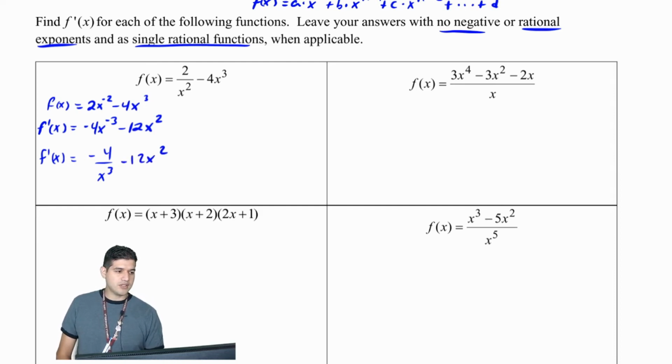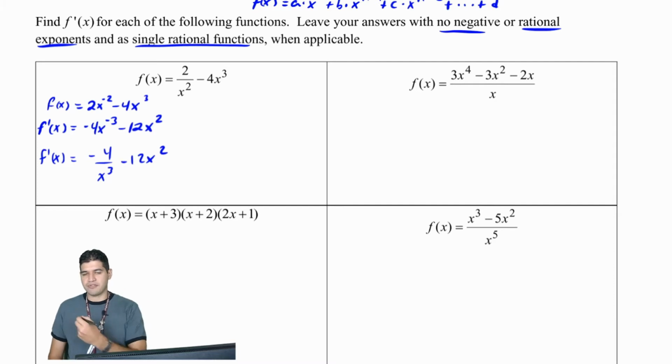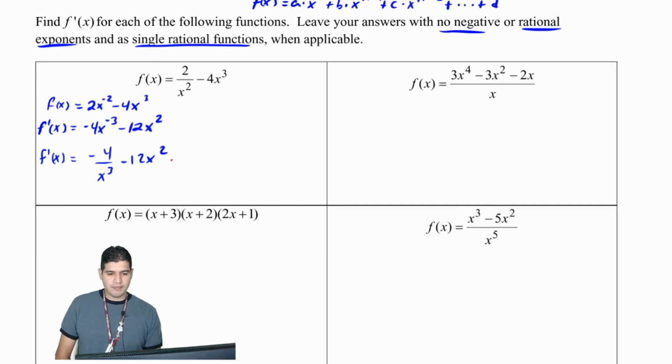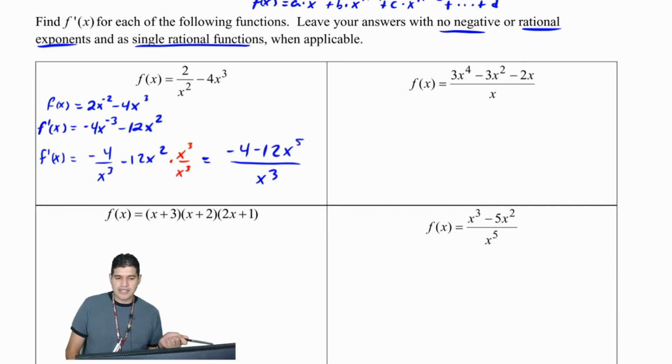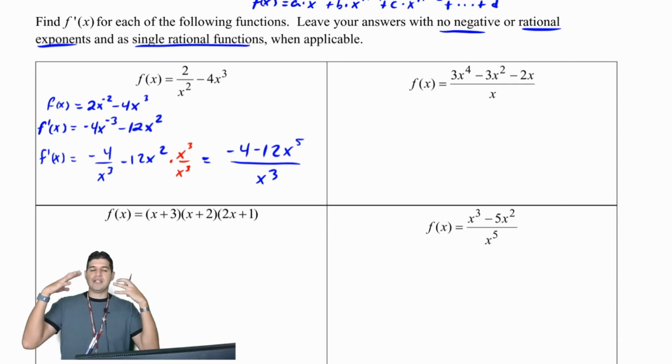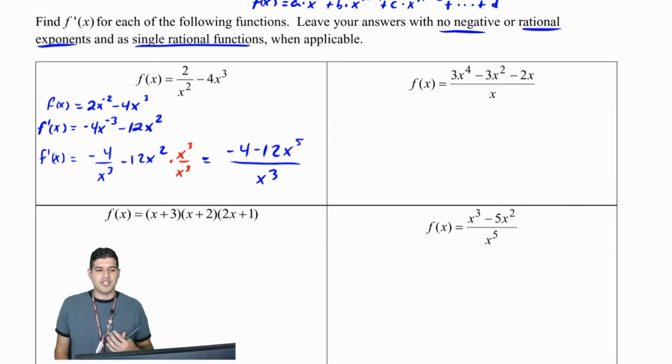But I also want to combine these into one fraction. So I'm going to multiply my second term by x cubed over x cubed, and I'm going to get negative 4 minus 12, well, x squared times x cubed is x to the 5th, all over x cubed. That's going to be my final result when everything gets written as one fraction.